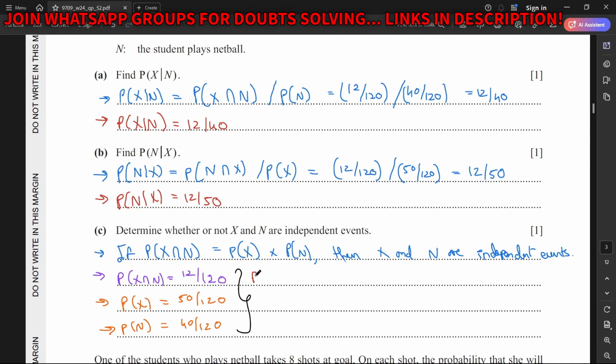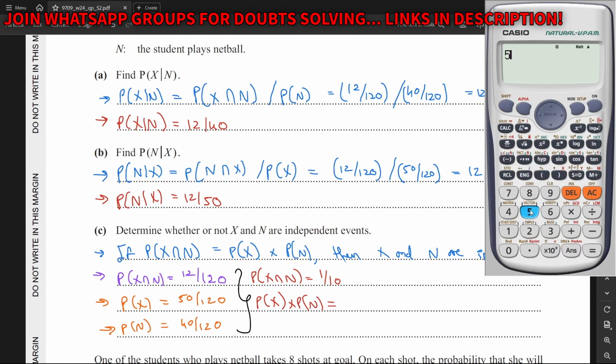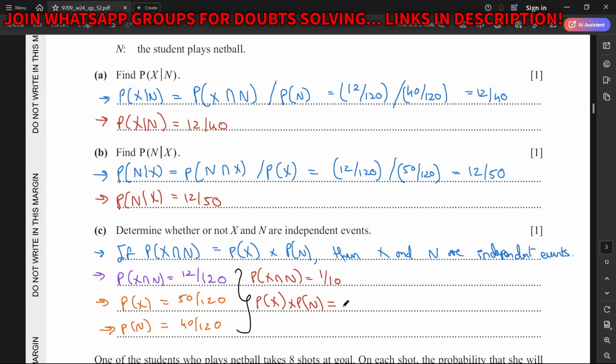This indicates that the probability of x and n, which is coming out to be 12 by 120, is 1 by 10, and then probability of x into probability of n will be, if I take out my calculator, 50 into 40 by 120 into 120, which comes out to be 5 by 36.